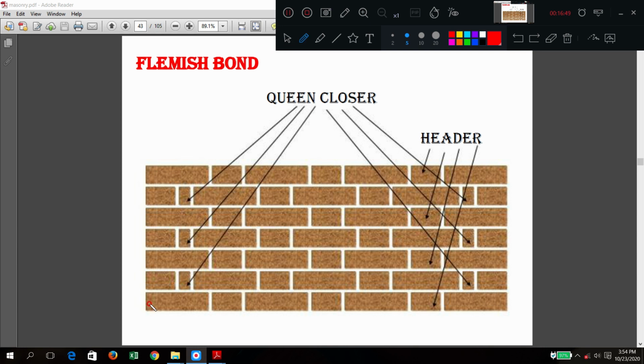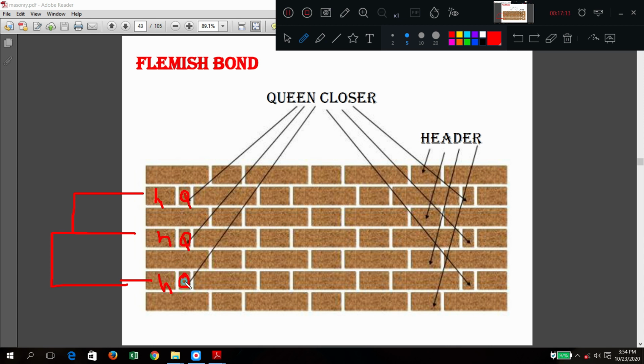Whenever there, if you see, this is the course which begins with header. This is the course which begins with header. That means this is alternate. Yes, it is alternate. Whenever a header unit comes first, immediately there should be one queen closer.